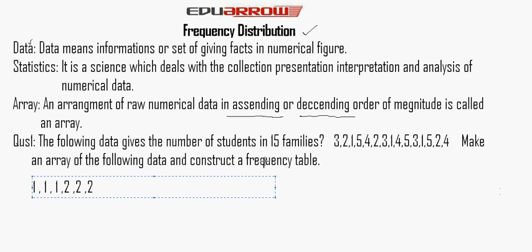So we take here 3, 3, 3. Now we take 4. 4 is also 3 times in this table. Now we take 5. 5 is also 3 times in this table.